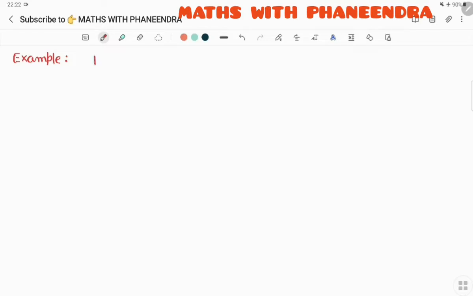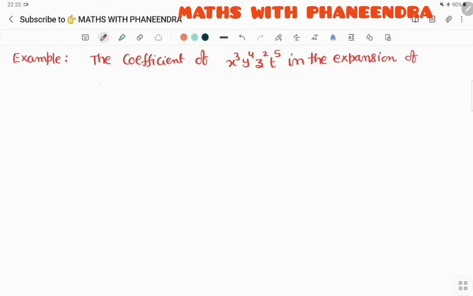The coefficient of x power 3 y power 4 z square into t power 5 in the expansion of x minus y plus z minus t whole power 14 is.